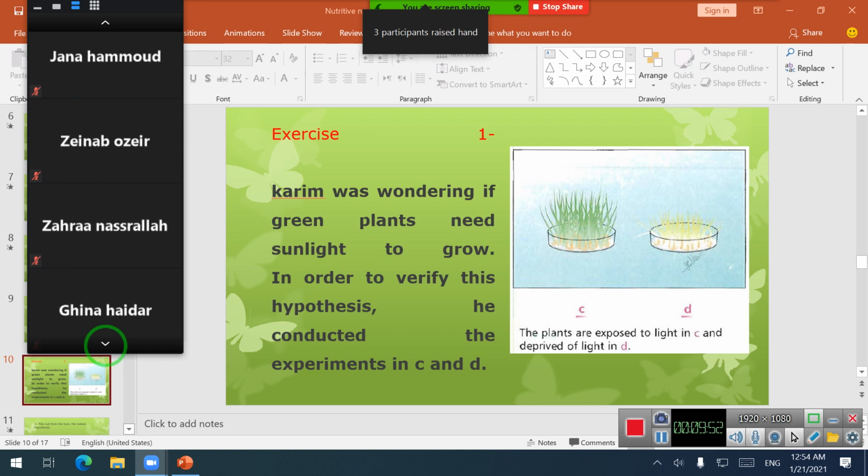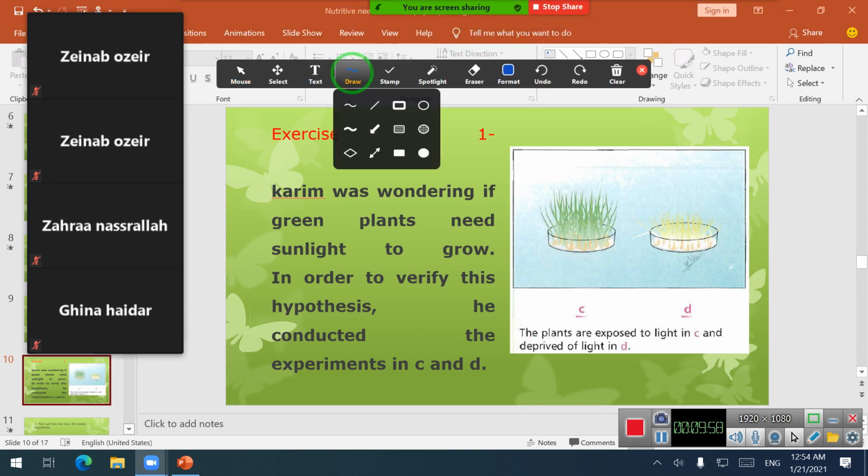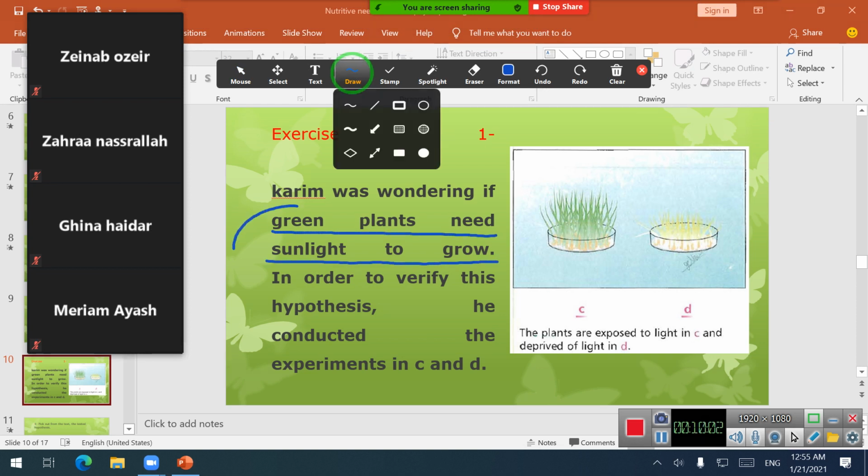In order to verify this hypothesis, the hypothesis made by Kareem was: green plants need sunlight to grow. This is the hypothesis used here. So, to verify if this hypothesis is correct or valid, he made the following experiment.